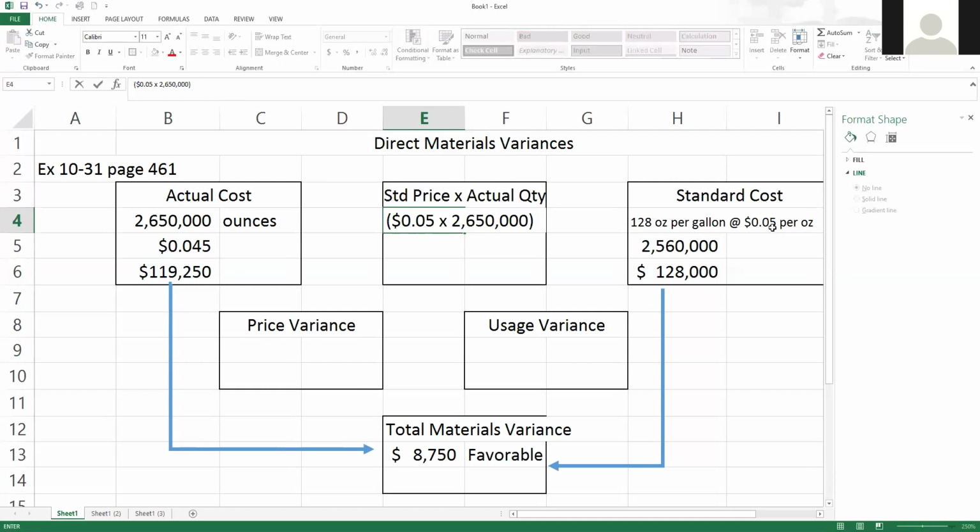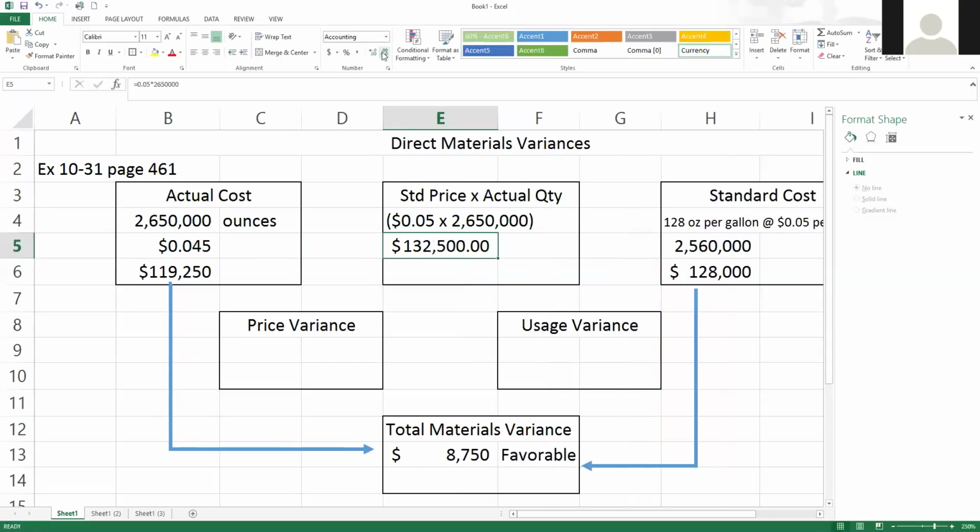So I'm stealing the price from the standard side and the quantity from the actual side. And we come with a dollar amount here. 0.05 times 2,650,000. And if we had bought the quantity that we bought at 5 cents an ounce instead of 4.5 cents an ounce, we would have spent $132,500, more money than we really spent.